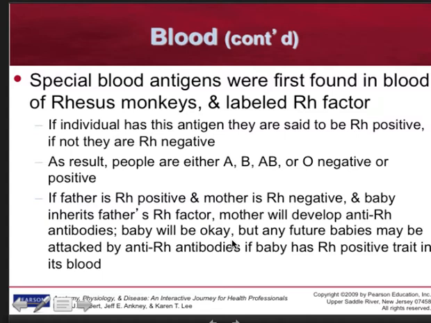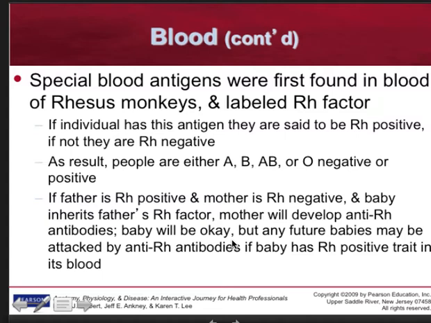So, for instance, somebody who's A negative would have the A antigen, but they would not have the Rh antigen. Somebody who's A positive would have the A antigen and would also have the Rh antigen. So that's where that terminology comes from. That's where the plus or the minus, positive or negative designation comes from.